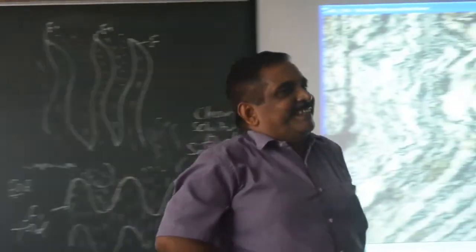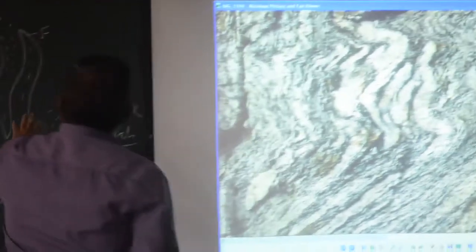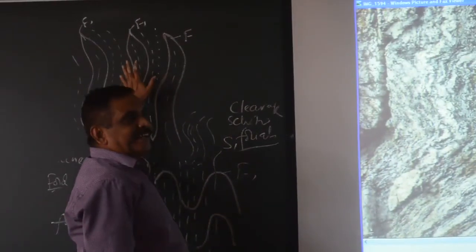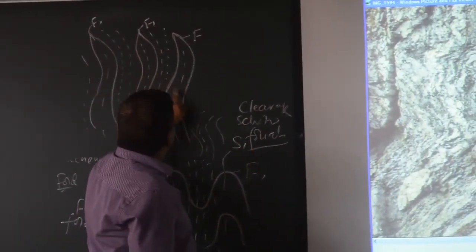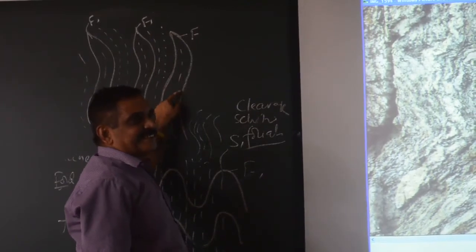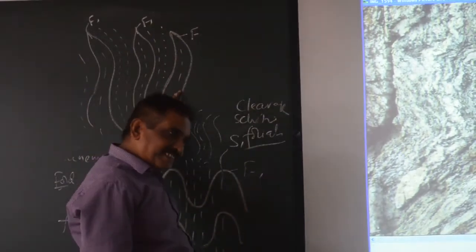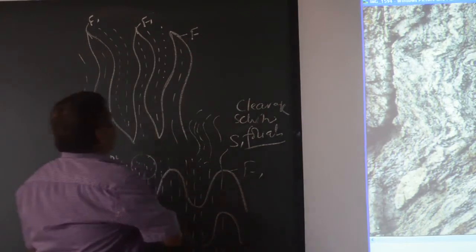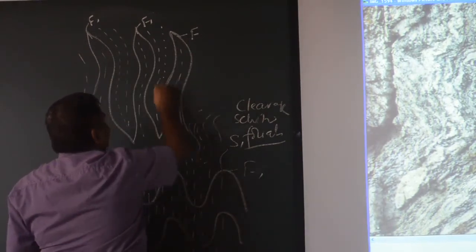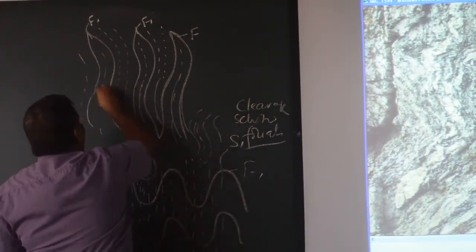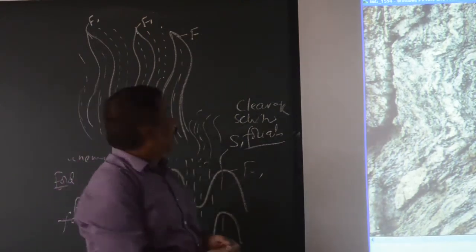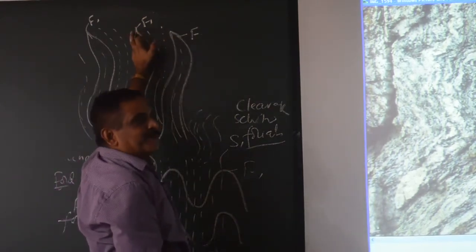Tell me. Here above, the schistose planes are also folded with these siliceous layers. Here I get this is the F2 fold, no? These are the F2 folds. But what about this? This is F1.